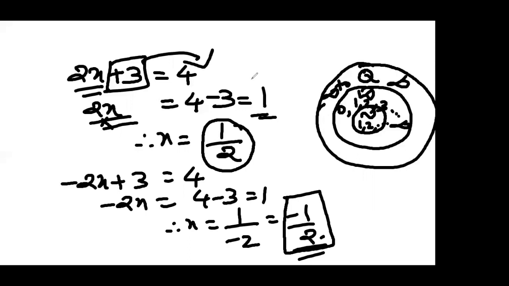But can you represent this negative 1 by 2 as a fraction? Can you give me negative one piece of an apple or negative two pieces of pizza? Nobody can do that. So we have to understand that is the basic difference between a fraction and these types of numbers.